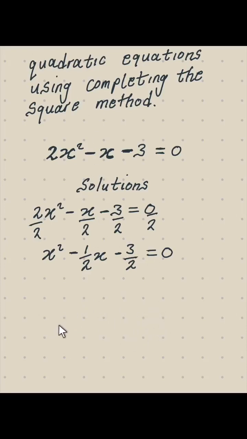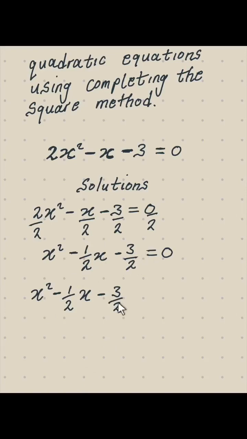Then what do we do? Let us first of all write everything the way they are. So you have x squared minus 1 over 2x minus 3 over 2. This is what we have here.